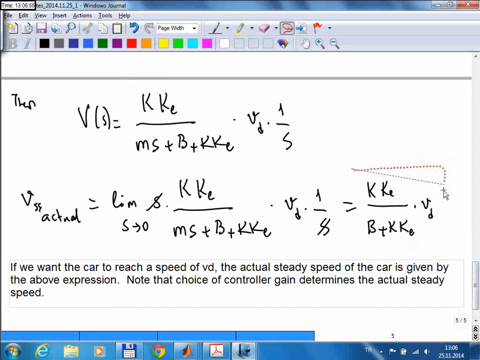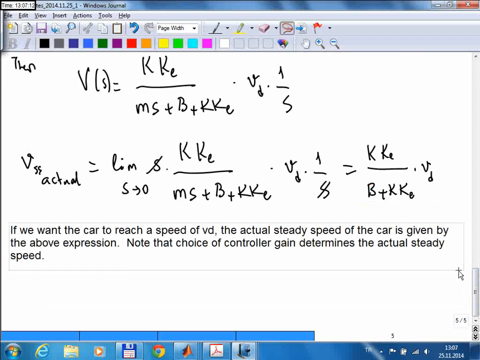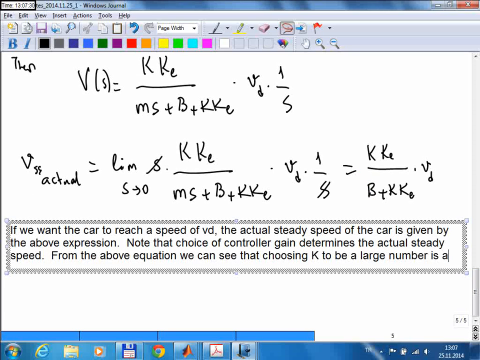But I want to point out that if you look at this function, you can easily see that applying a large k value is a good thing, right? From the above equation, we can see that choosing k to be a large number is a very good thing.